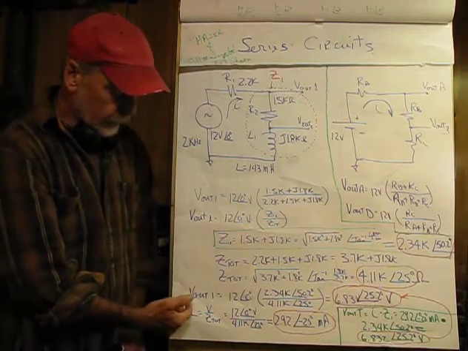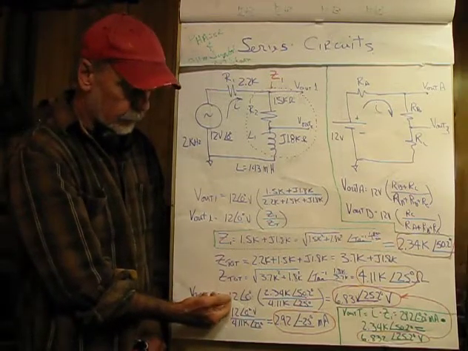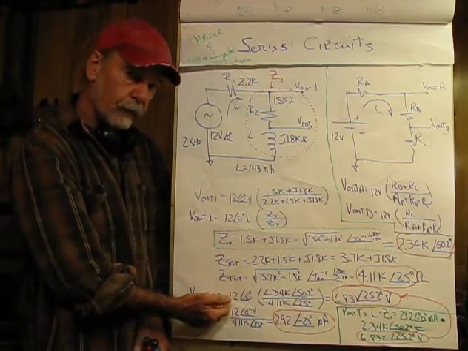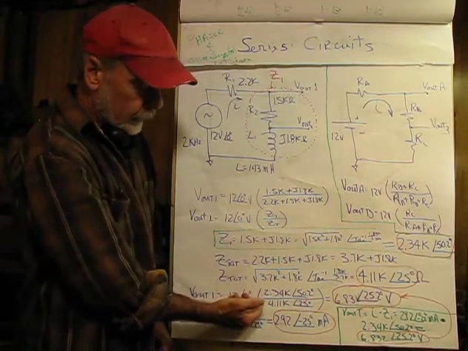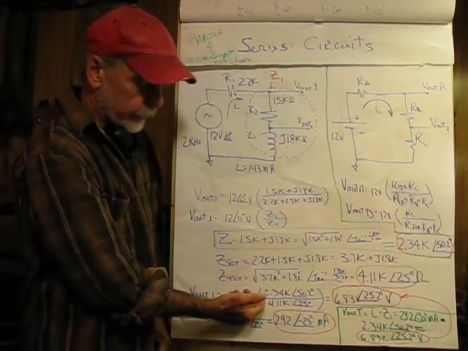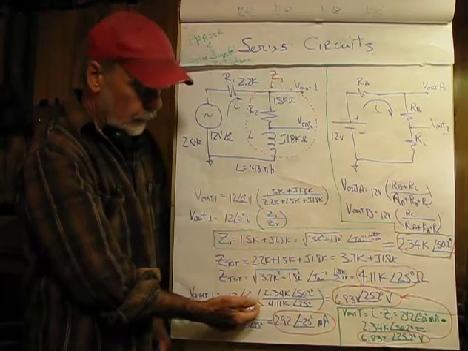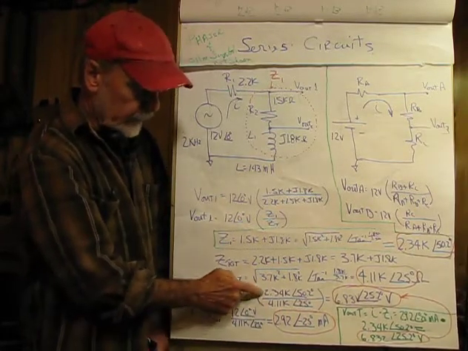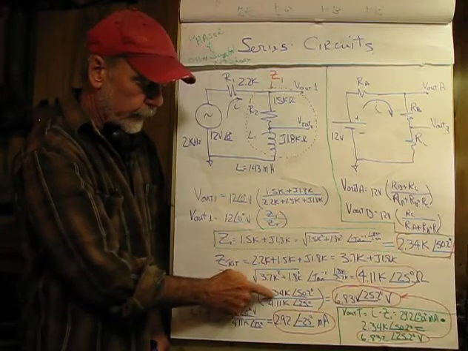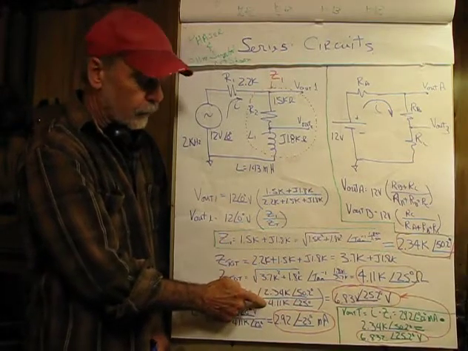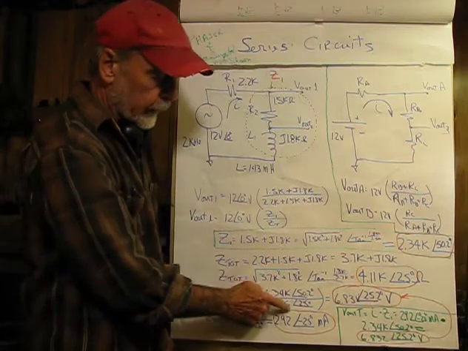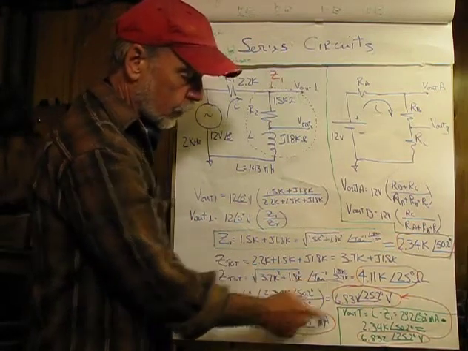So plugging in the values here, Vout1 equals our source voltage, which is 12 at 0 degrees. In the numerator we have Z1 here, and in the denominator we have Z total. Multiplying 12 times 2.34K divided by 4.11K gives us a magnitude of 6.83 volts.